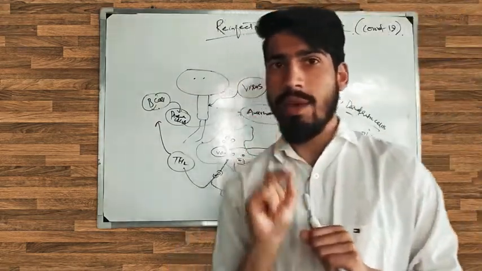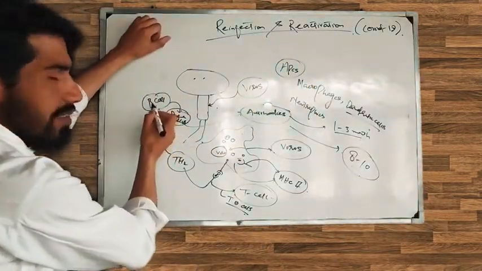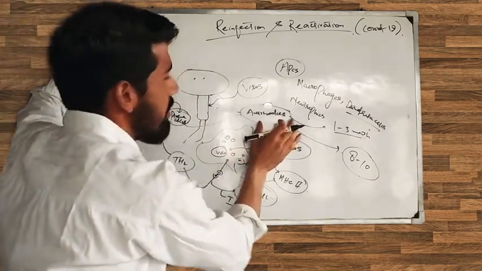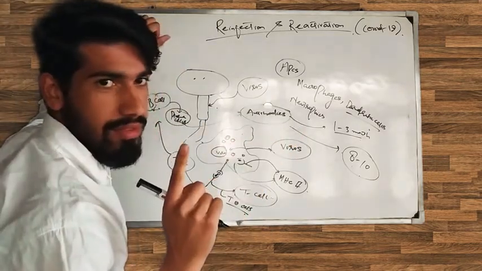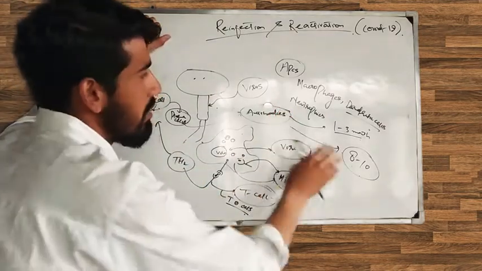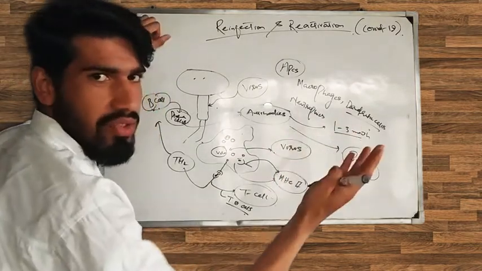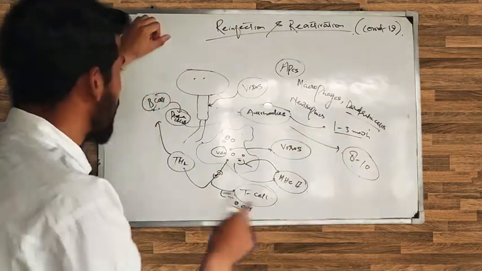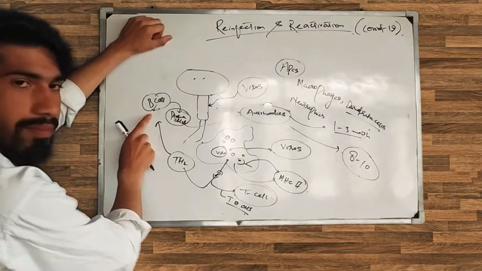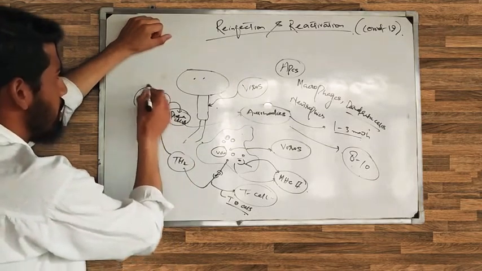So what happens? Actually, the B cells are present. These antibodies do not live for a long time. They live 1 to 3 months, and after the 3 months, they decay or are destroyed. But these B cells make copies.